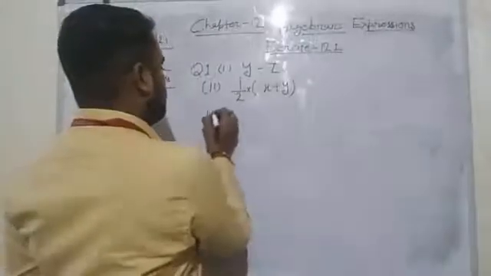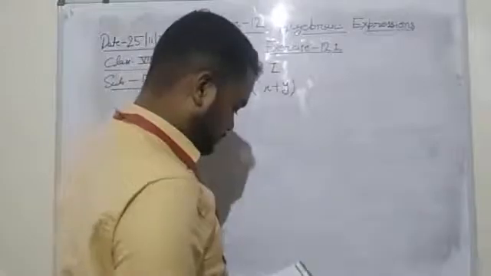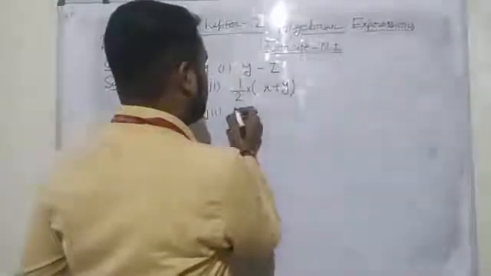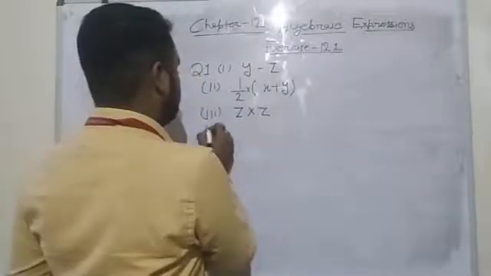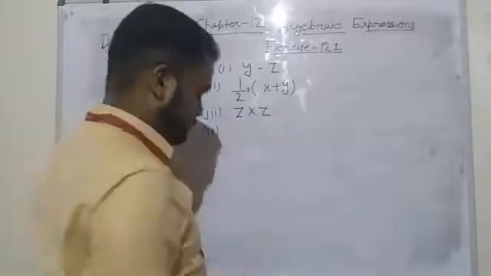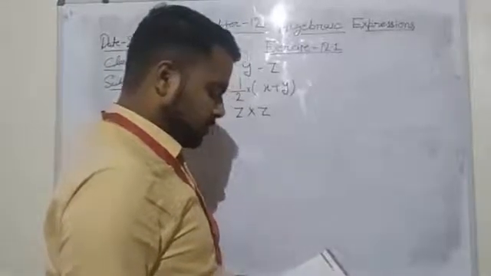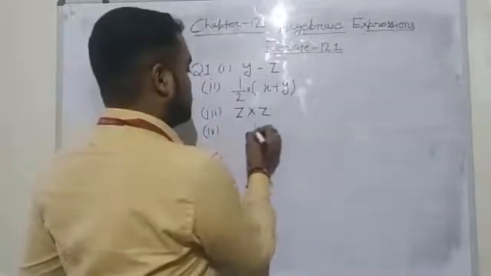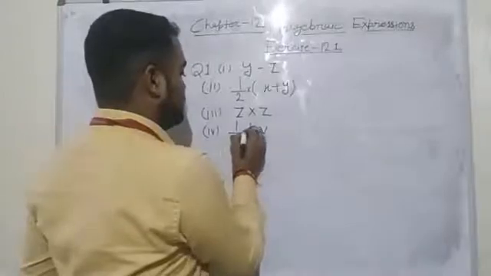So here the third is the number z multiplied by itself. Fourth, one-fourth of the product of numbers p and q. The product of the numbers p and q is pq, and 1 by 4th of that.